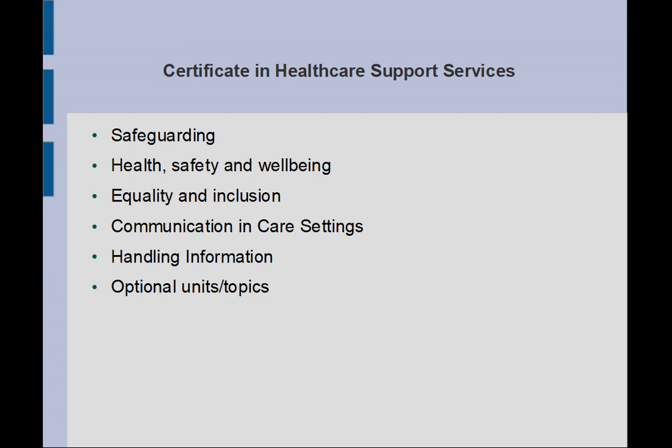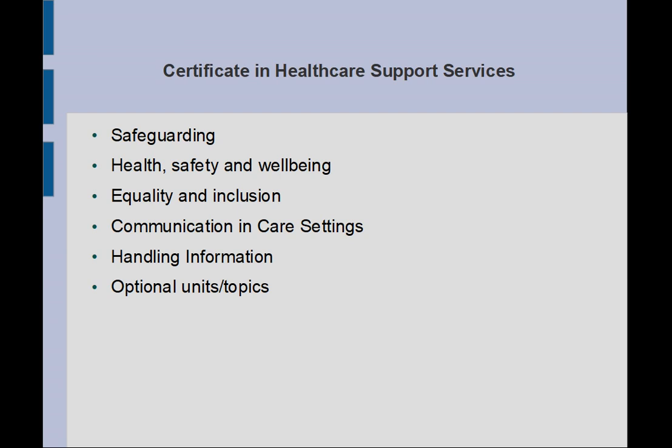If we're discussing how it's relevant to your own role, then if you're working in healthcare, do you need to know about safeguarding? Do you need to be able to recognize the signs and indicators of abuse? Do you need to know how to report concerns if you do have them?